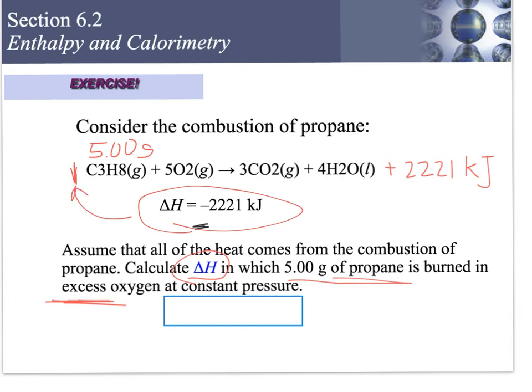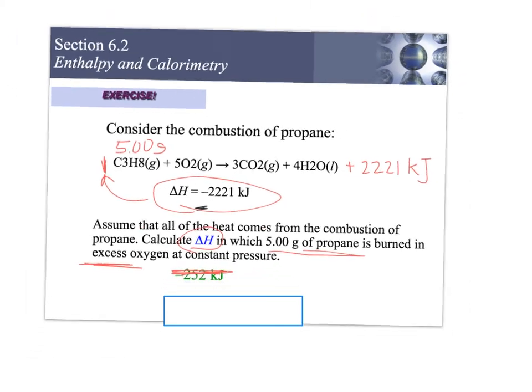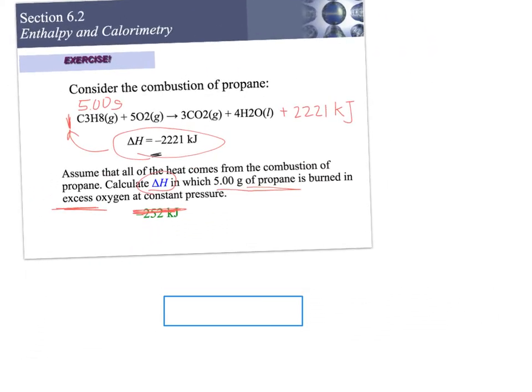So we're going to use stoichiometry. Now I have 5 grams of propane, and I'm going to turn that into moles. There are 44 grams of propane in 1 mole of propane.